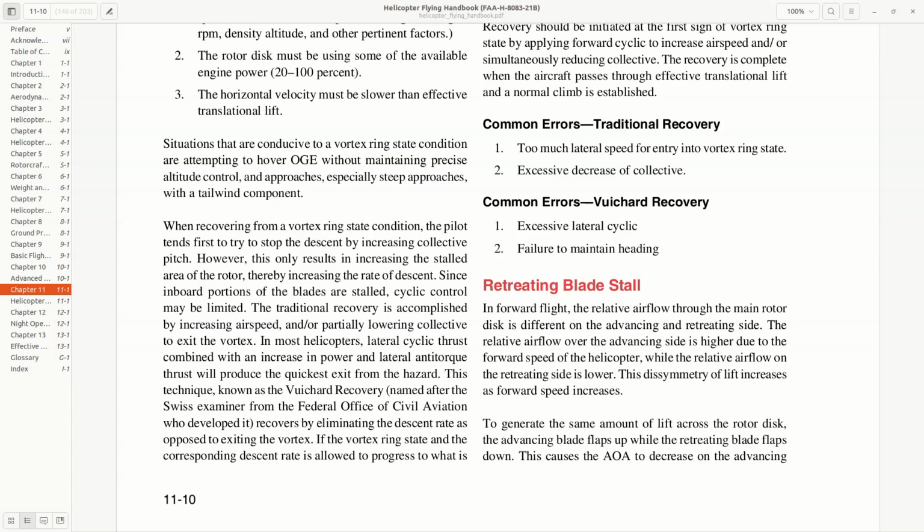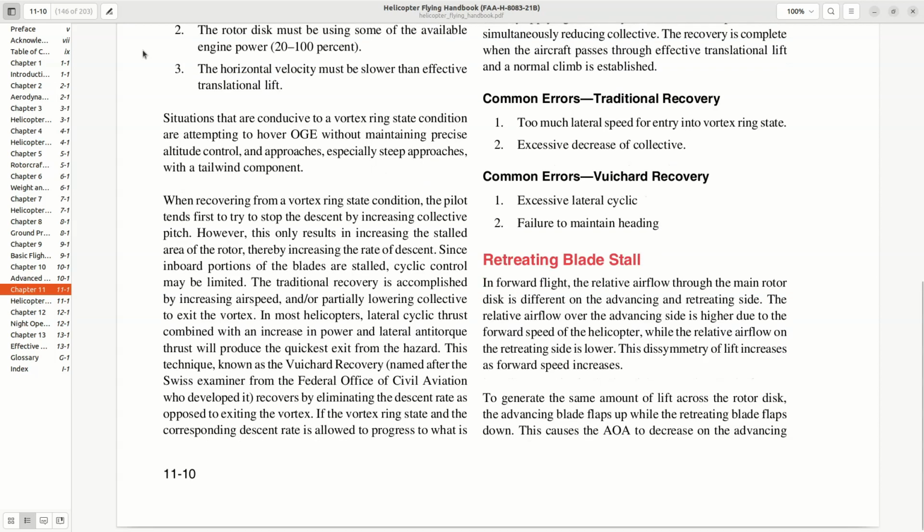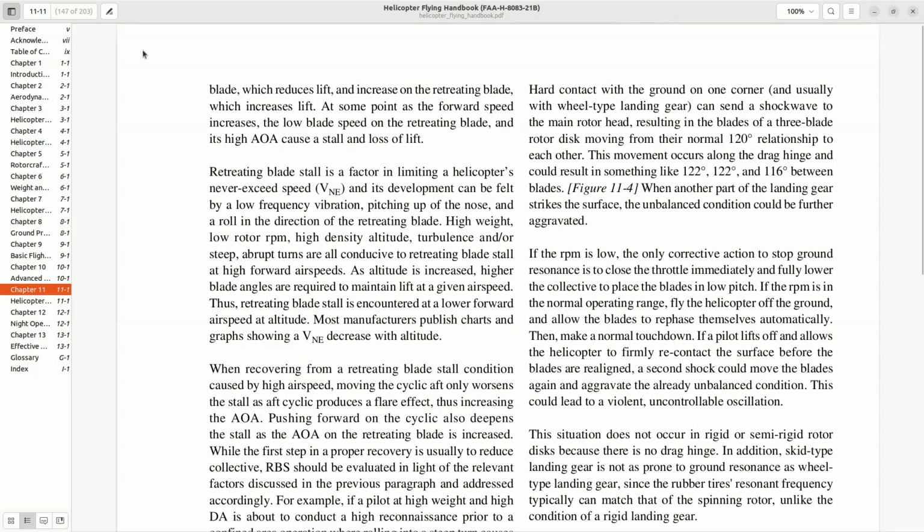The advancing blade flaps upward, which decreases the angle of attack, and that's how we get balance. However, if we go too fast, we can get retreating blade stall.